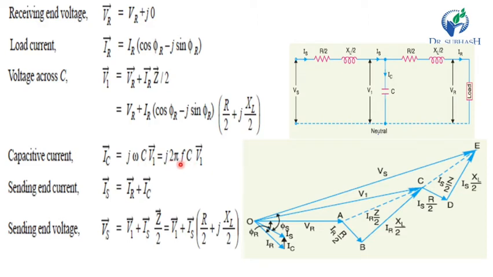Putting in the value, the capacitive current equation is 2 pi f C V1.